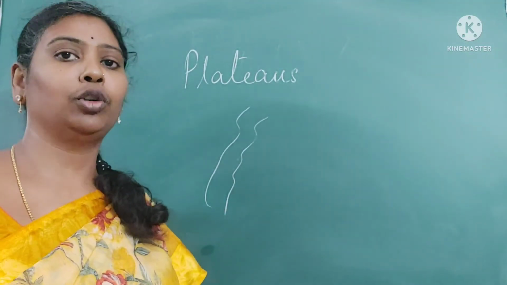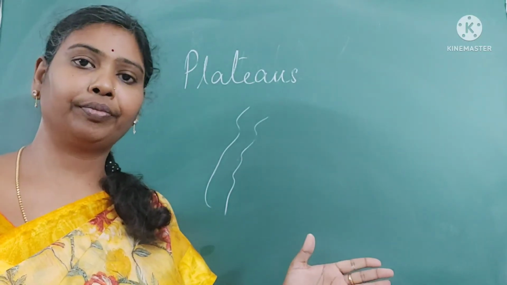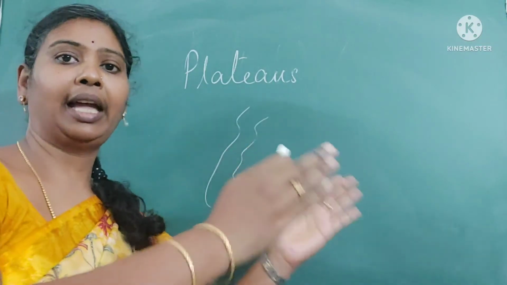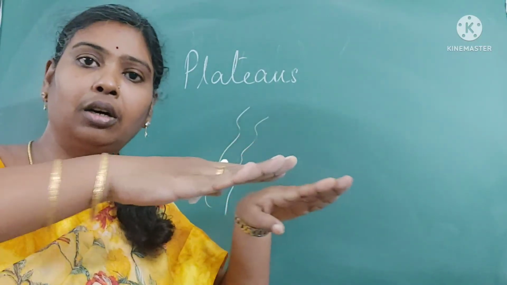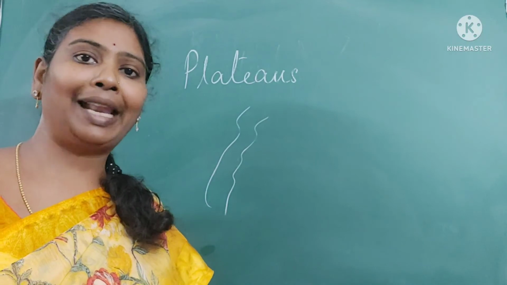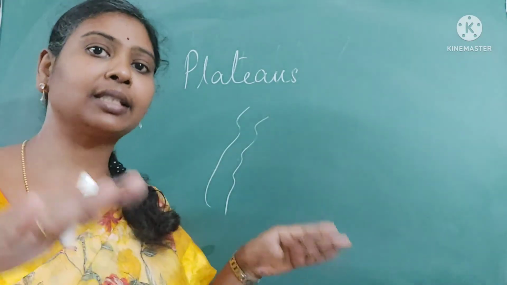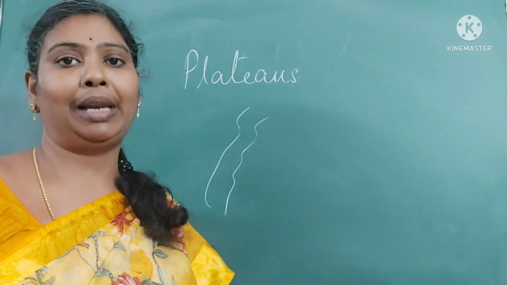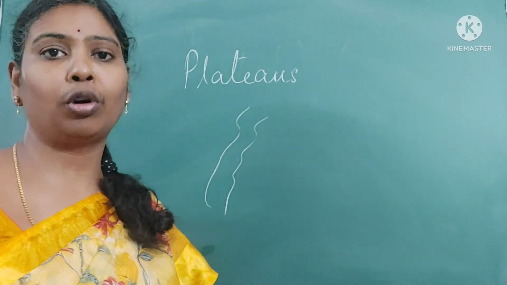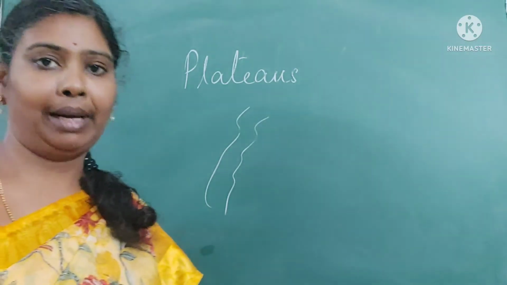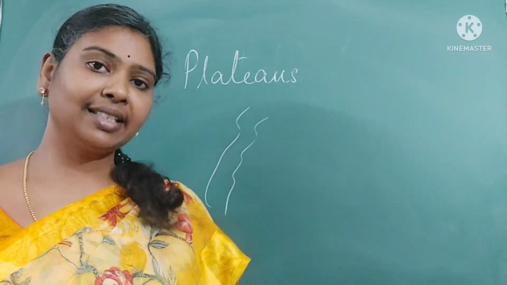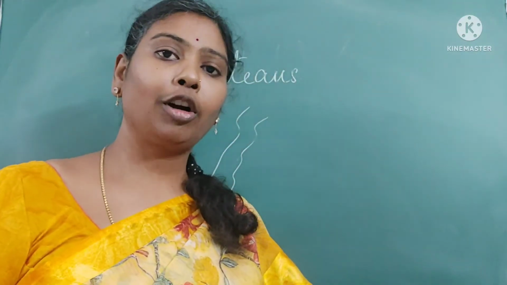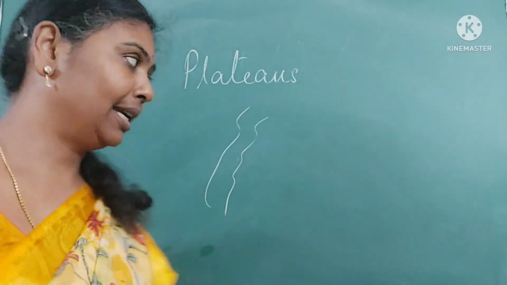They cut the plateau. So sometimes we do not see a whole broad base of the plateau. And since these plateaus are in tabular form, we call them tablelands.